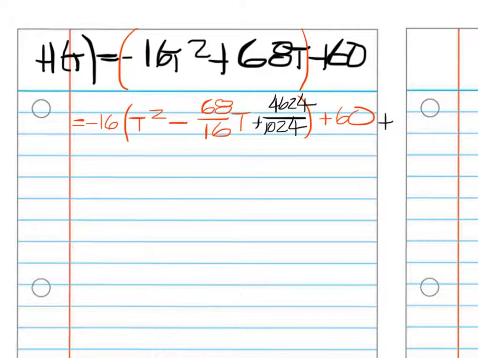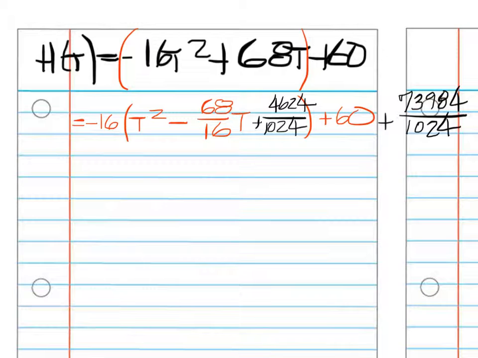A, just the numerator. So 16 times 4624 is going to give me 73,984. The denominator stays the same.